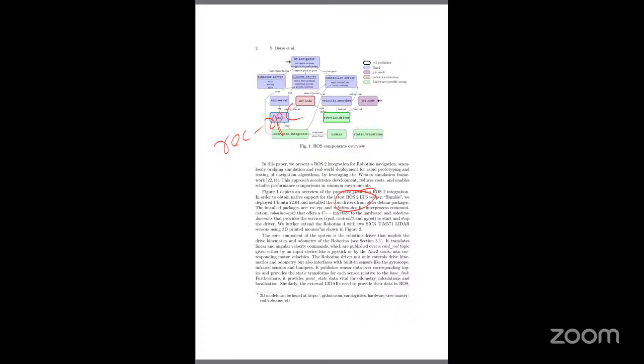Robotino API 2. This is a very important package. This gives a C++ API. Using this, we can control the Robotino hardware directly. We can control as well as read using C++ because of this Robotino API.